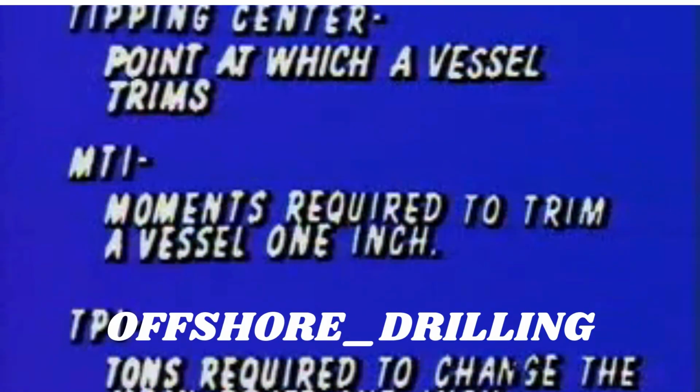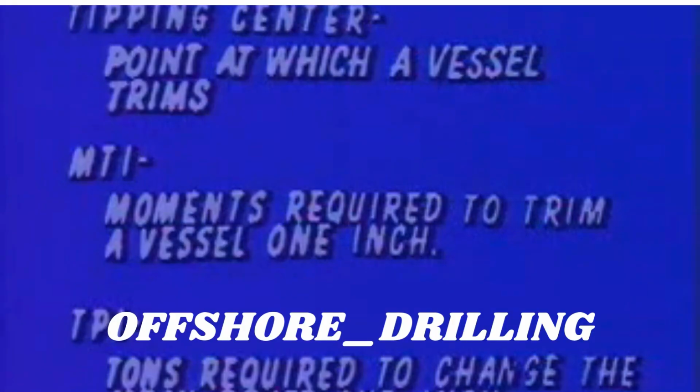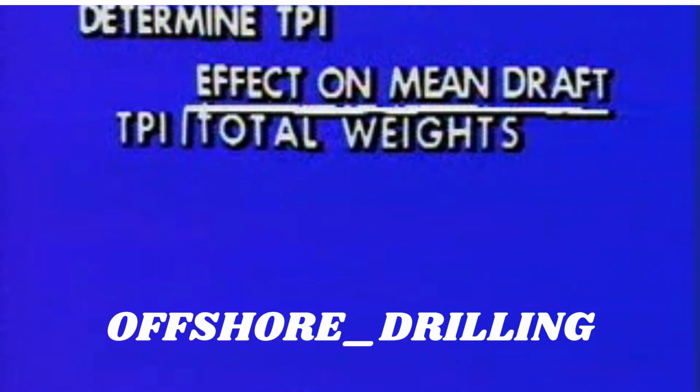The TPI, or tons per inch immersion, is the number of tons necessary to change the mean draft of a vessel 1 inch. In solving problems where cargo is loaded or discharged, first determine the mean draft, and then enter the deadweight scale or hydrostatic curves and determine the TPI. Secondly, divide the total weights loaded or discharged by the TPI to determine the effect upon mean draft.